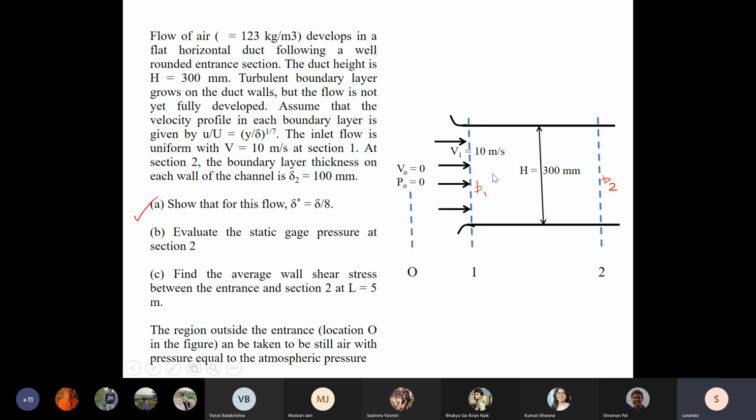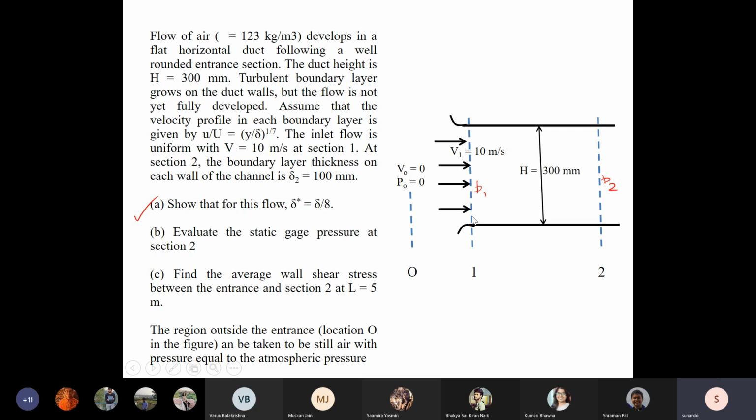Since the height over here is 150 millimeter, which is way above this, I should be able to neglect the two inflow and outflow in these two cases.